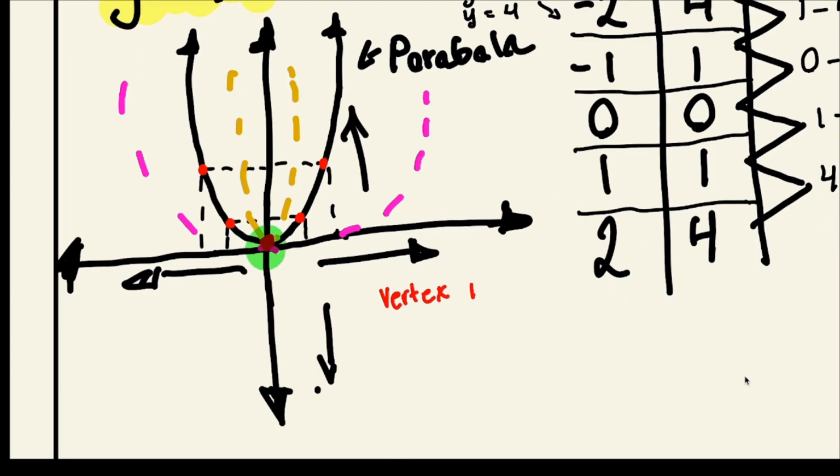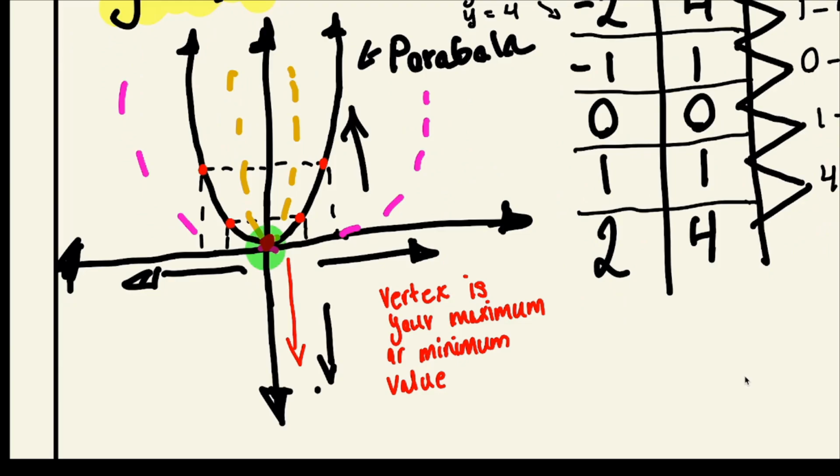In this case, it would be the parabola's minimum value since it is the lowest point, right? That is the lowest point and it cannot go further. You don't see the parabola stretching down here, right? It stops at 0, 0. That's the vertex or the origin, right?